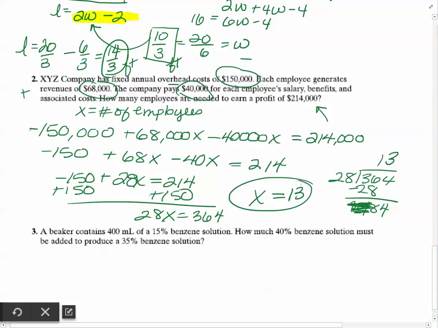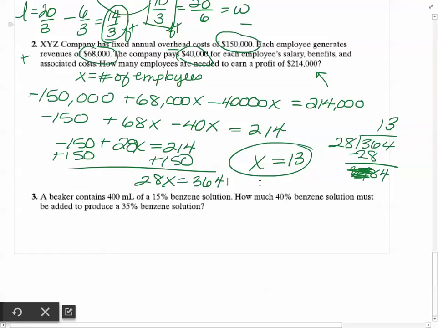All right, number 3, the mixture solution ones. Now you probably have seen these before. This is like an algebra problem. The basic idea is you have a beaker with some stuff in it, and you're mixing some more stuff in it, and you get a mixture. Okay.